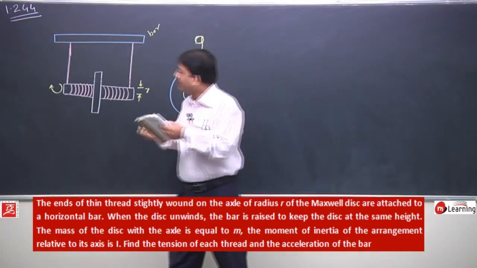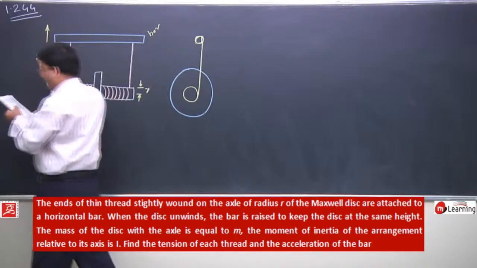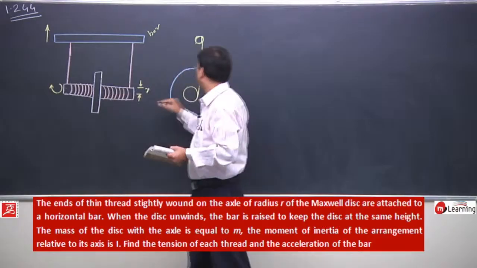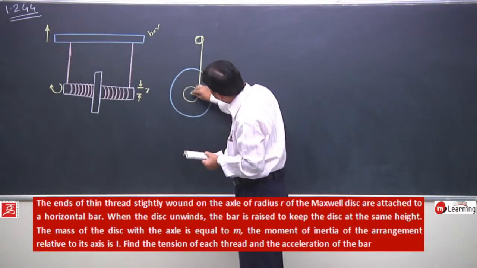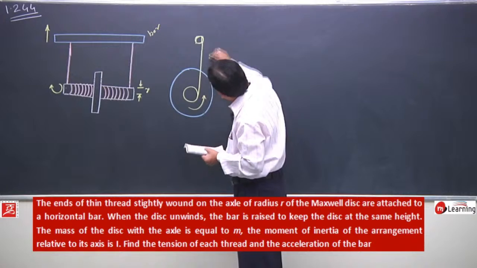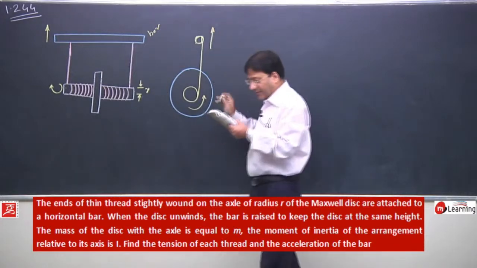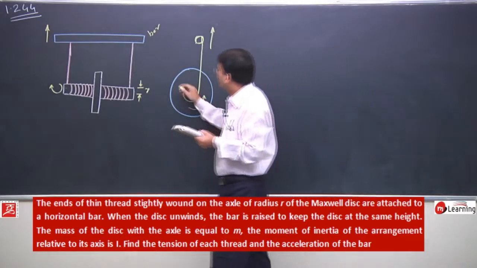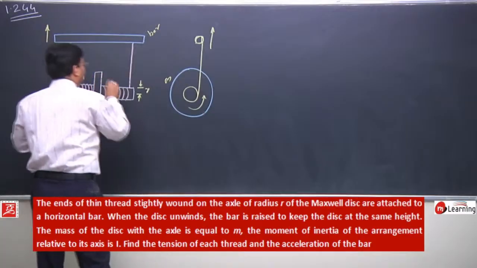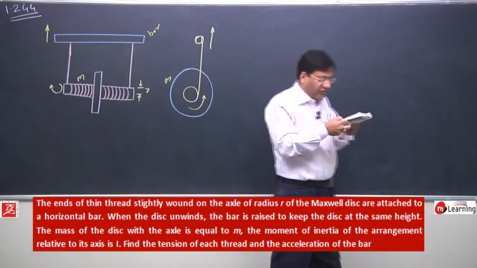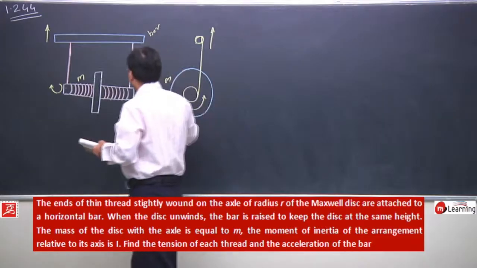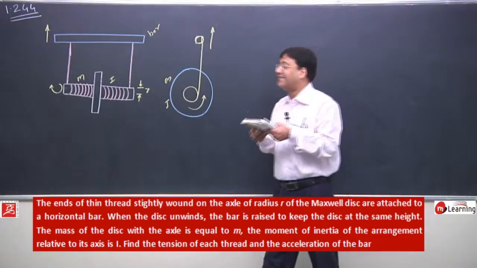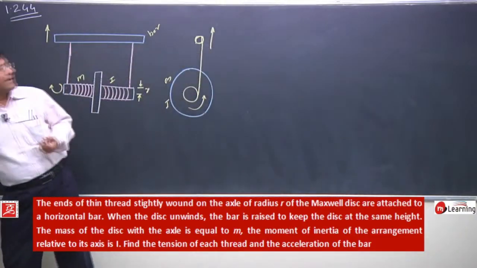The bar is raised to keep the disc at the same height. This disc would unwind and the bar is raised to keep it at the same height. The mass of the disc with the axle is equal to m. The moment of inertia related to the axis is I. Find the tension in each thread and the acceleration of the bar.